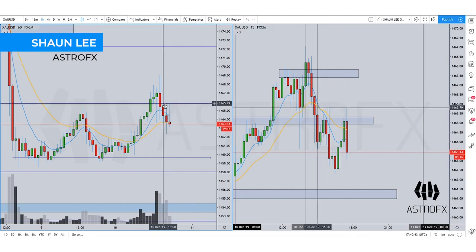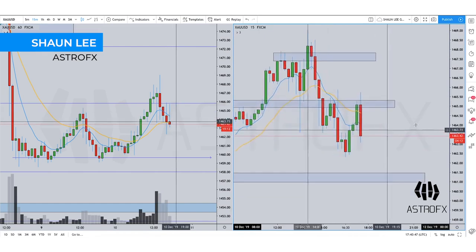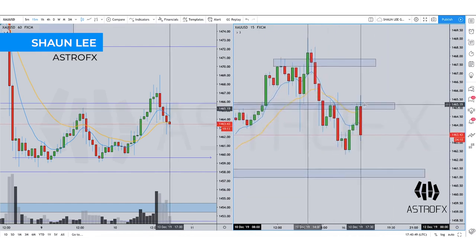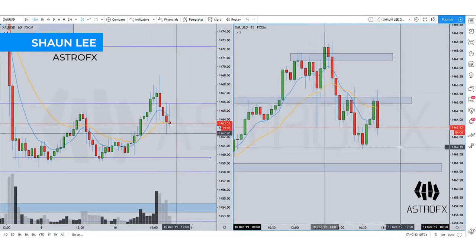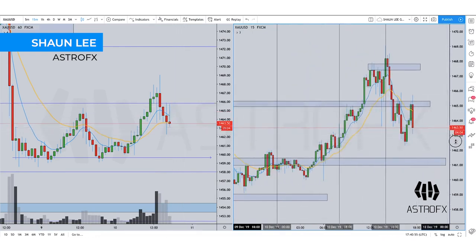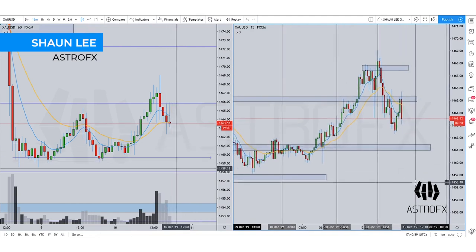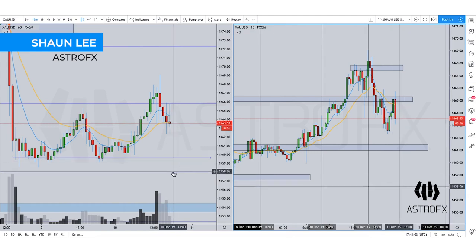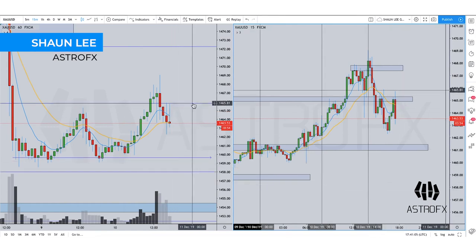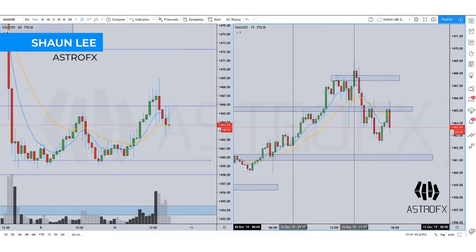So we have the 4-hour area of resistance, and we also have our intraday area here, which the price has reacted to once, twice, right there. So I'm looking at gold now continuing its downside move into this area, 1461, and maybe even beyond. As you can see here, we have this floor, and then we have 1458 and so on, but we're going to take the market every step as it comes. So that's that on gold.